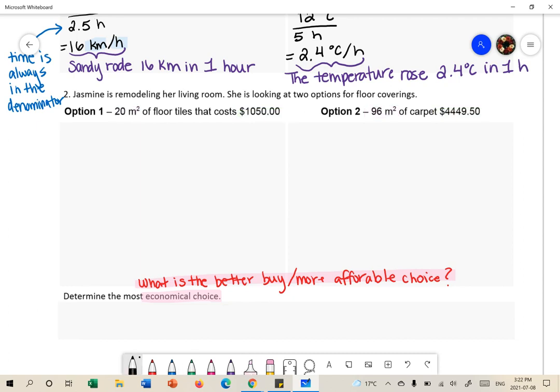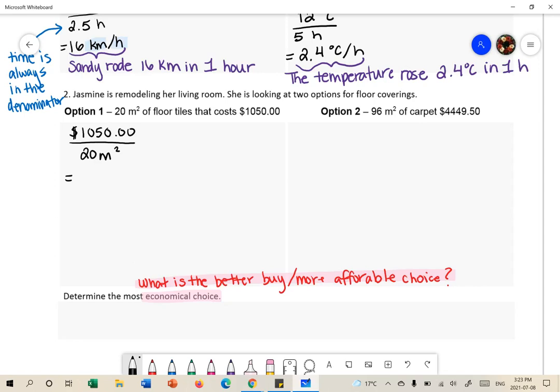Let's determine the unit price for option 1. Now remember, your dollar amount goes in the numerator. $1,050 divided by 20 square meters of tiles.